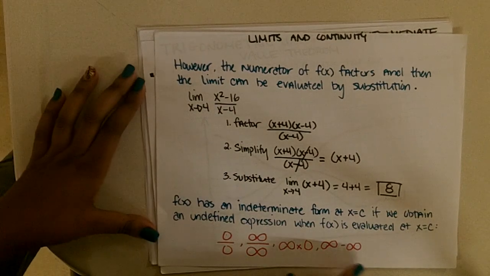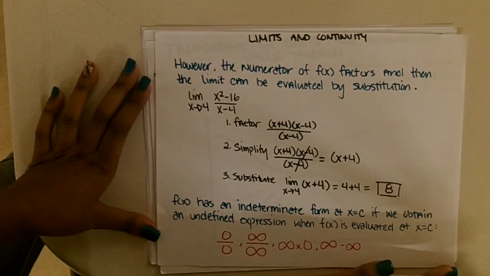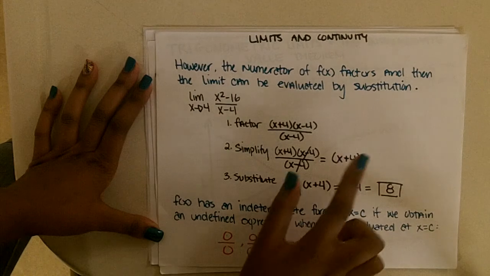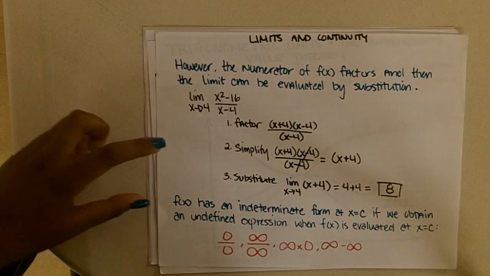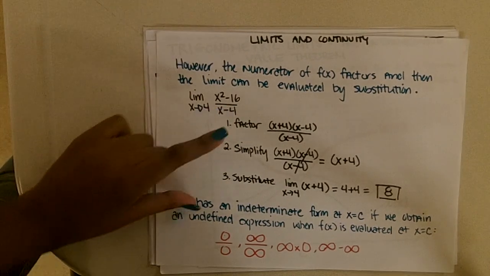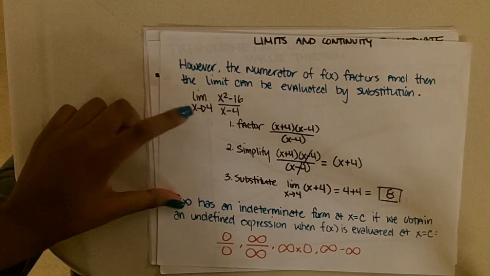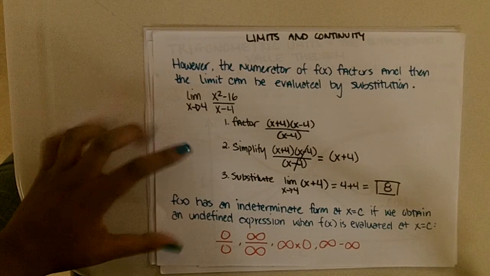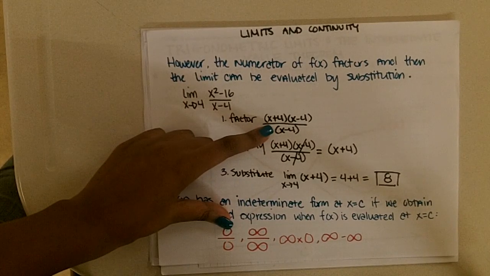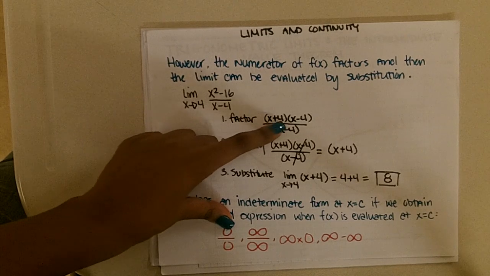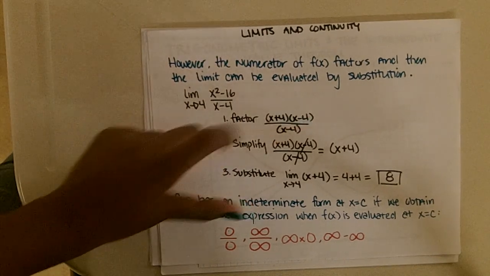However, the numerator of f of x factors, and then the limit can be evaluated by substitution. By using the previous example, the limit of x squared minus 16 divided by x minus 4 as x approaches 4. Step 1, factor. The numerator can be factored into x plus 4 times x minus 4.